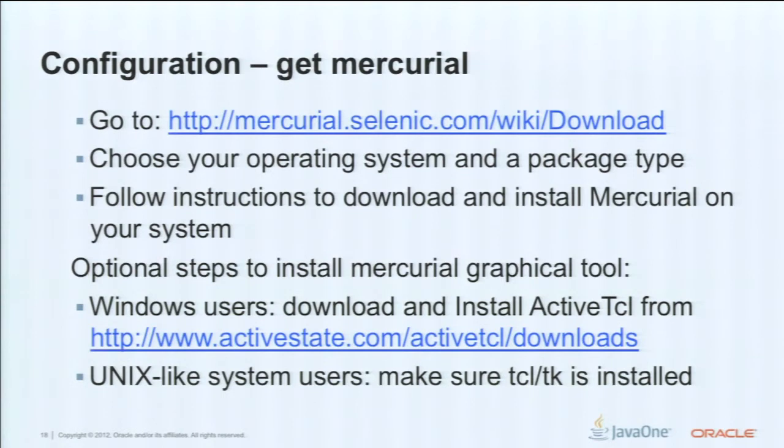And there is also a graphical tool for Mercurial to visualize your source tree. To use it, you need to have TCL/TK installed if you have, for example, a Unix-based computer. If you have a Windows computer, you need to download the TCL/TK tool. I would recommend downloading ActiveTCL. I believe it works best with the graphical tool for OpenJDK.